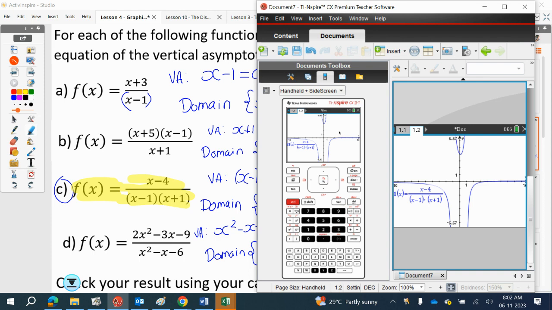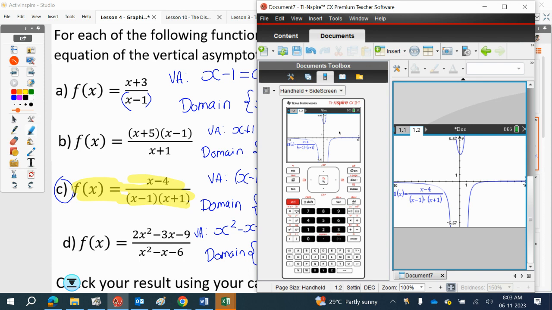We can see two vertical asymptotes where we're expecting them to be. So everything is good here. We can see the horizontal asymptote. The horizontal asymptote is going to be at y equals 0. You can see it happening there.